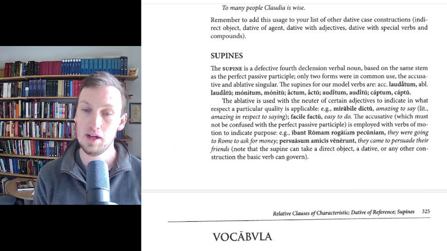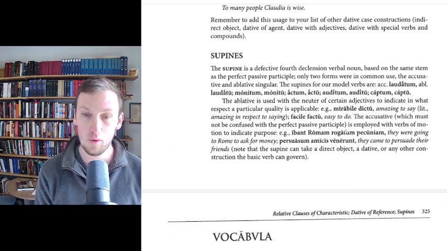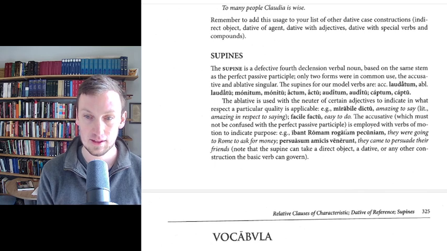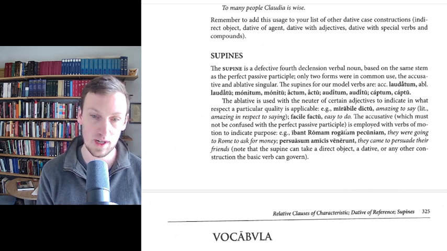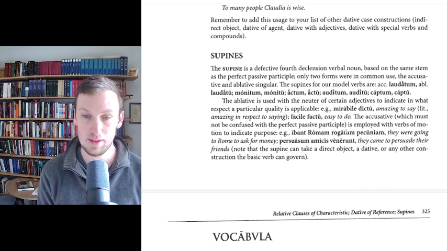So let's do one at a time. They were going in order to ask, for the purpose of asking. Why did they come, venerunt? They came for the purpose of persuading, to persuade. And then the verb to persuade takes a dative, so we have amicis, to persuade friends, to persuade their friends.